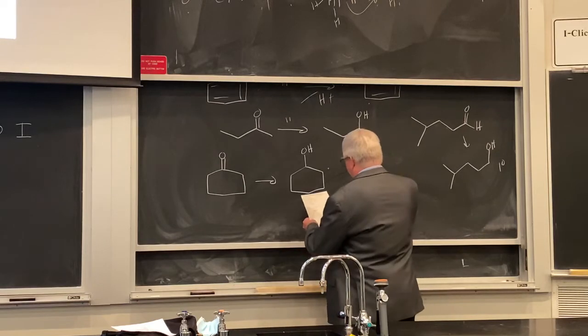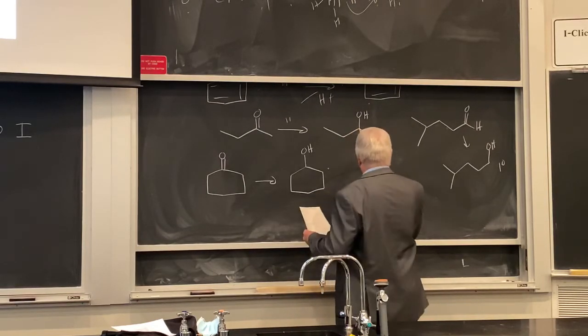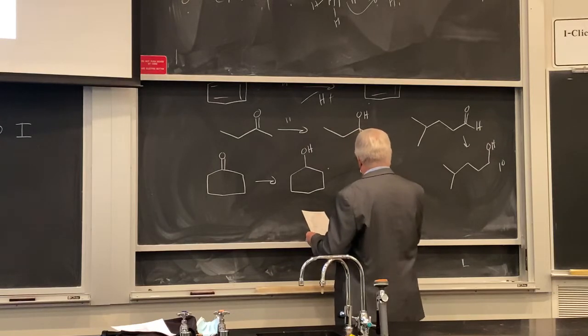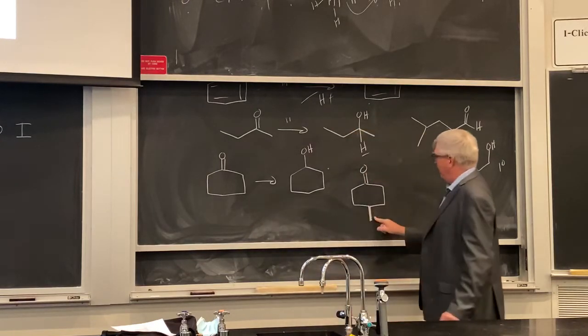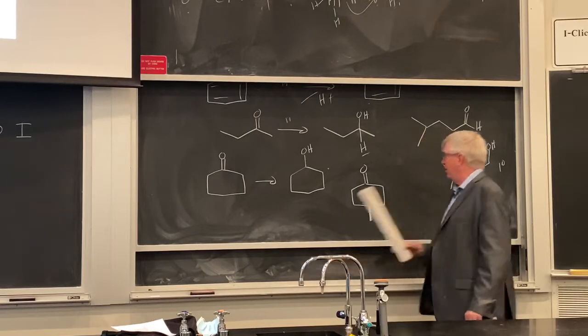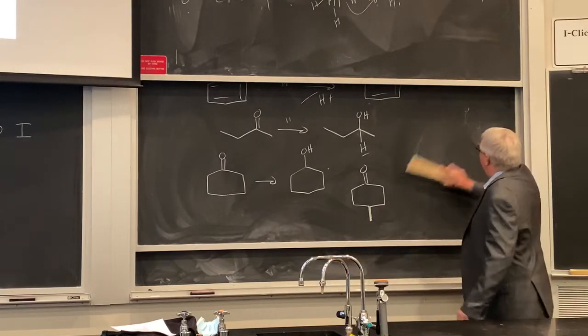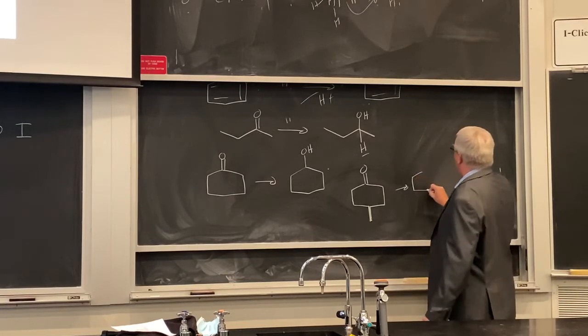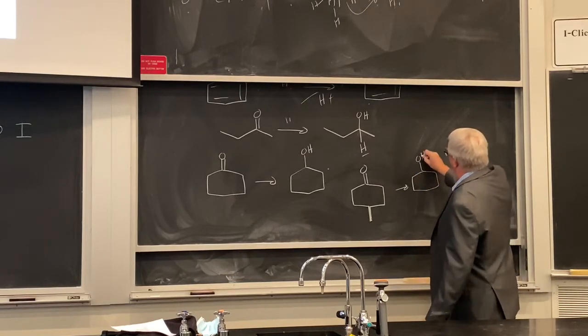What if we have a stereochemistry issue? So here's 4-methyl cyclohexanone. Let's do the reduction here. What are we going to get? Well, we're going to get the secondary alcohol. Which one?